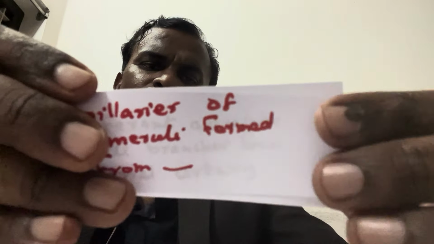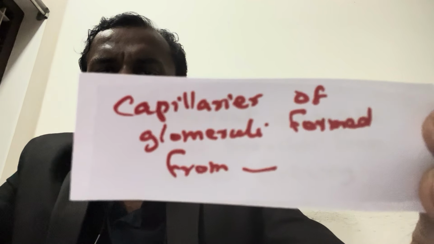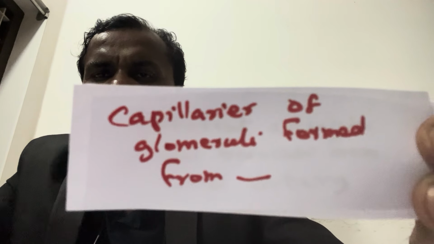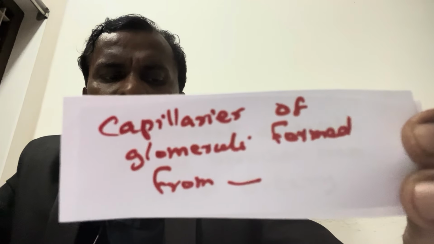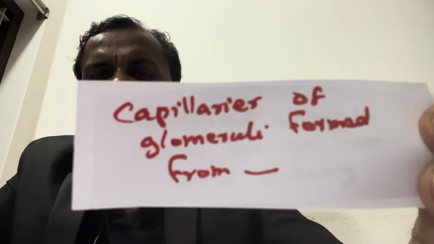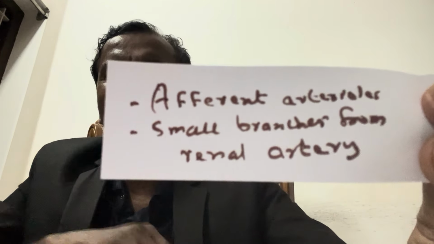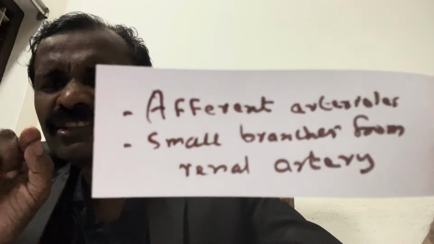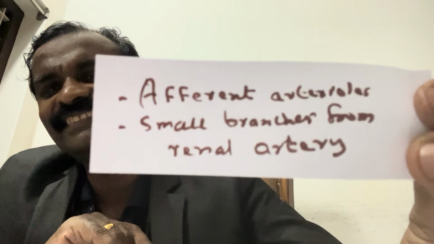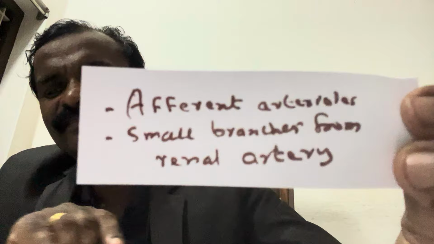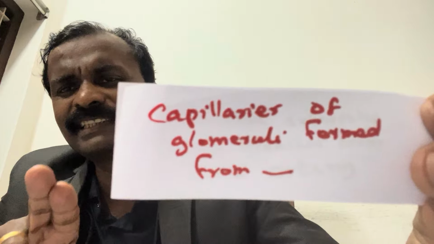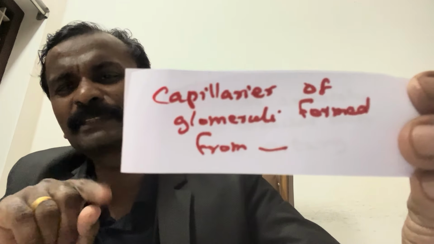This is the question: capillaries of glomeruli are formed from dash. What is the answer? Afferent arterioles, small branches of renal artery. They will keep large, afferent, efferent. This is already asked. I am expecting this question next year also. Same question I am expecting.